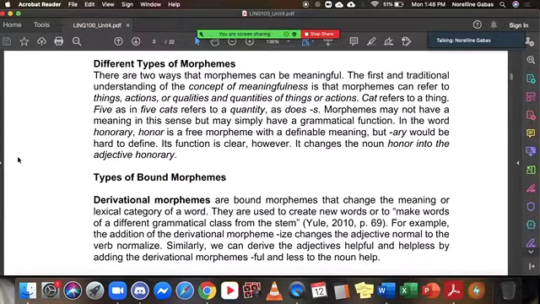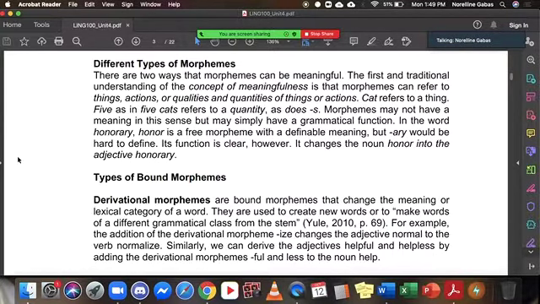In the word honorary, honor is a free morpheme. Free morpheme, alam natin na it can stand alone, honor, with a definable meaning. But ary would be hard to define because hindi naman natin kabisado ang lahat ng meaning ng prefix or suffixes. But we just know that it exists. Pero wala siya.